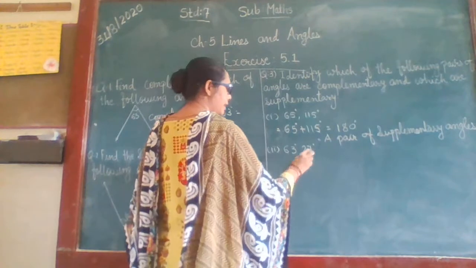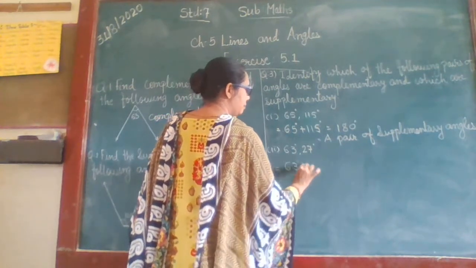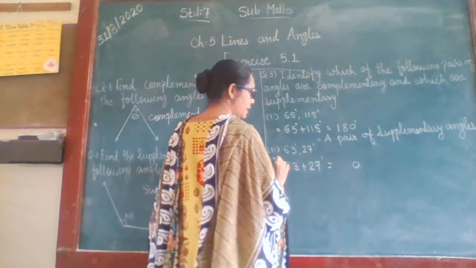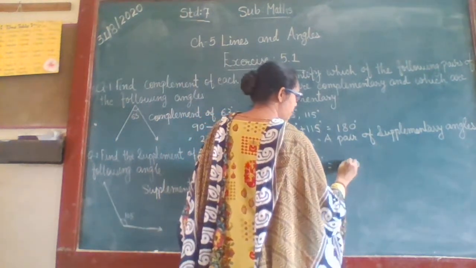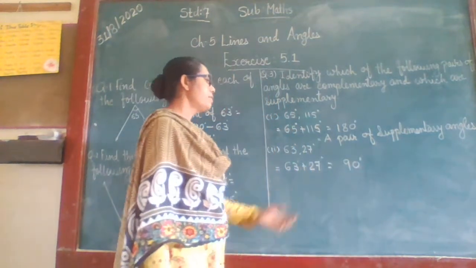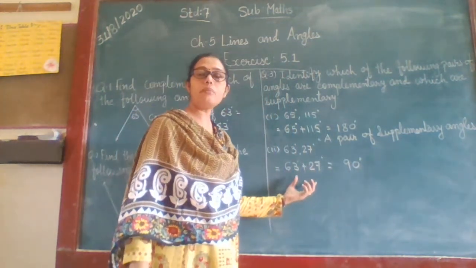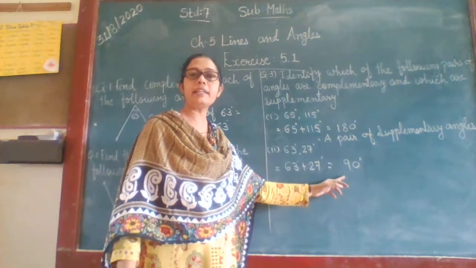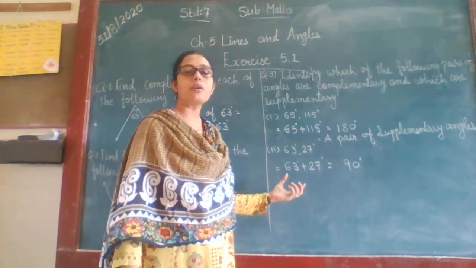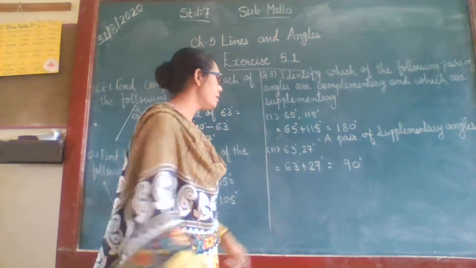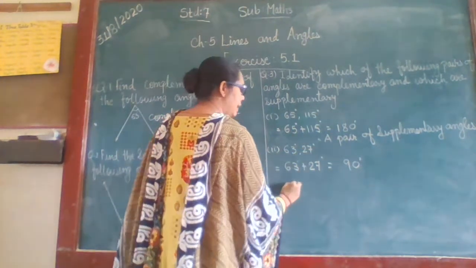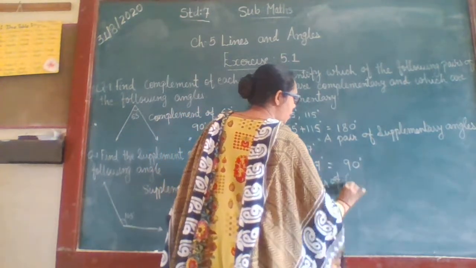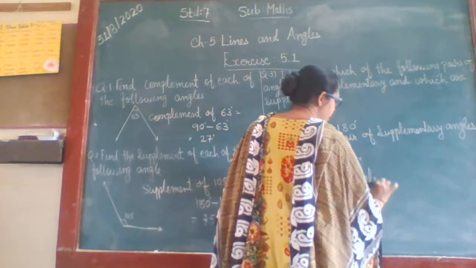Now we add 63 degrees and 27 degrees. 3 plus 7 is 10, 1 carry, 6 and 1 is 7, plus 2 is 9, it is 90 degrees. So dear students, if the sum of measures of two angles is 90 degrees, they are called complementary angles to each other. So 63 degrees and 27 degrees form a pair of complementary angles.